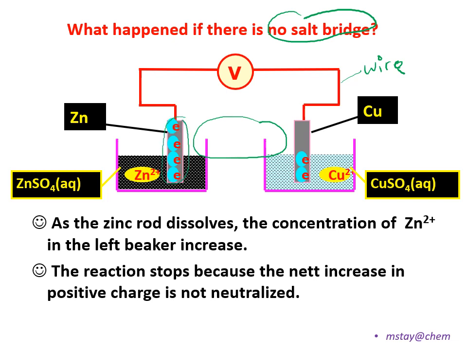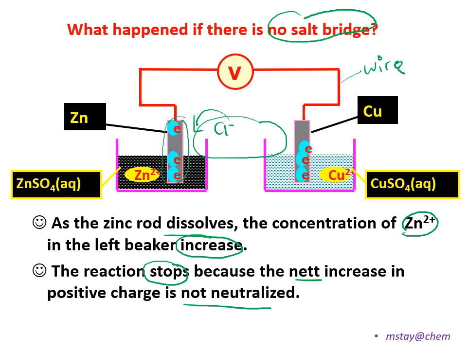These electrons will flow from the left hand side to the right hand side, and this keeps on going. The zinc is dissolved, and the concentration of zinc 2 plus is increasing. The reaction will have to stop because the net increased positive charge is not neutralized, because there is no anion, like the Cl negative we used just now, moving to the beaker here to neutralize the zinc 2 plus.